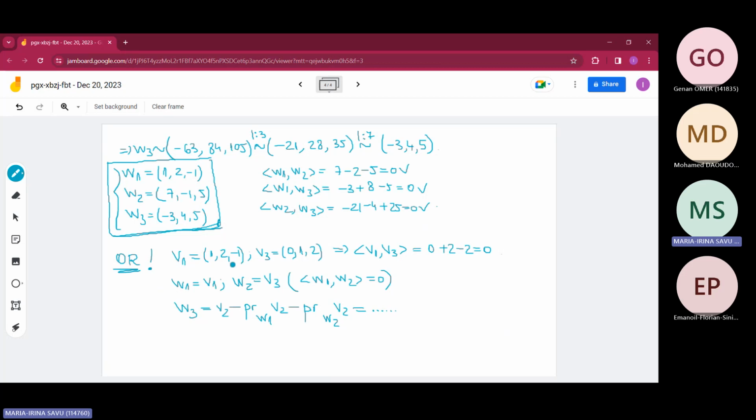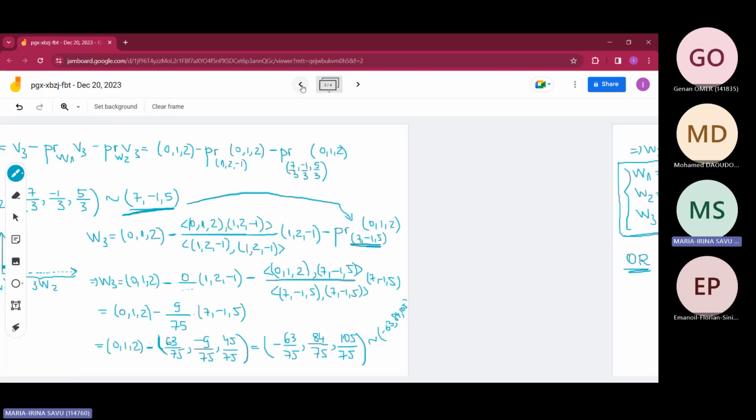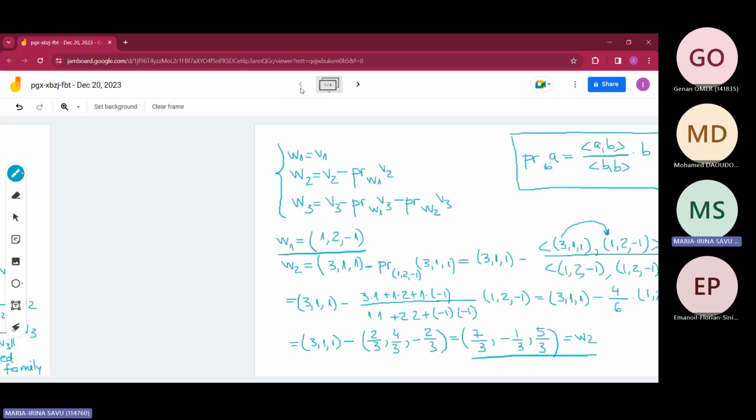You do not have as many computations as in the first case. So this is the second method, based on the remark that V1 and V3 are perpendicular. But the general solution is the one that we solved first.